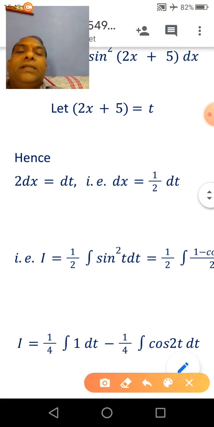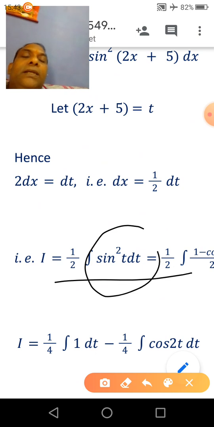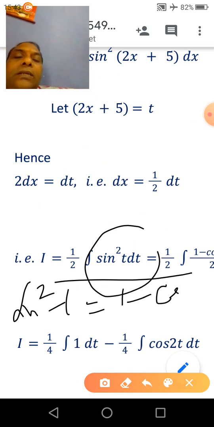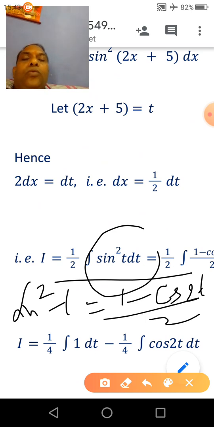Then the given question will be converted in this form, sine square t, and we know that sine square t can be written as 1 minus cos 2t upon 2.